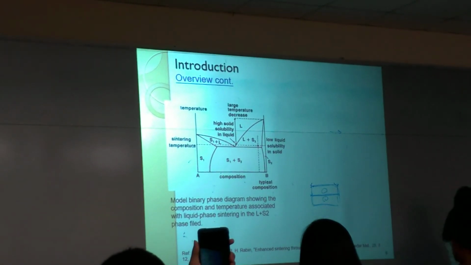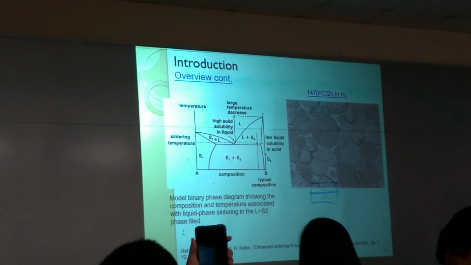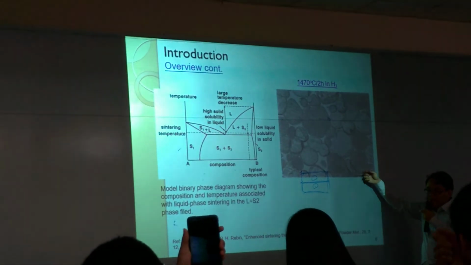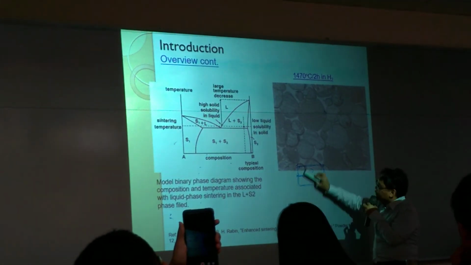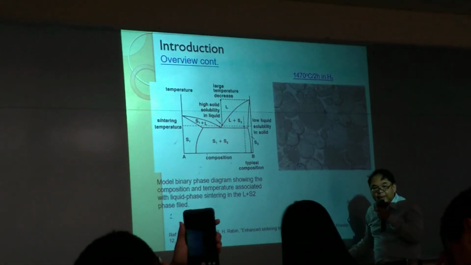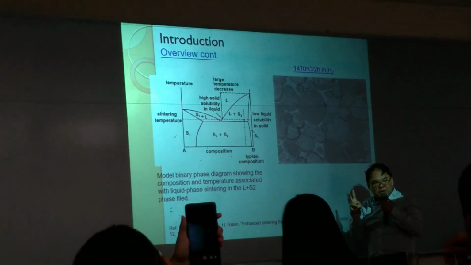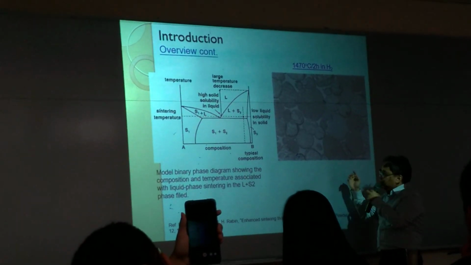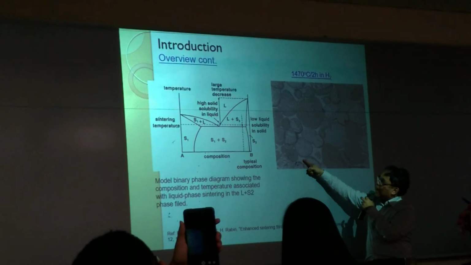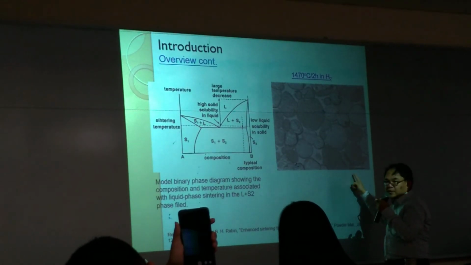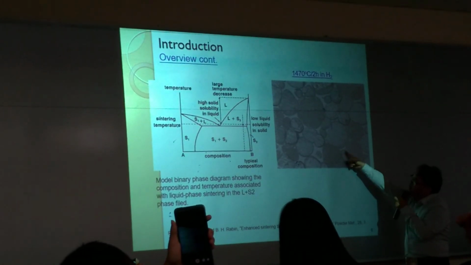The final one here is also very important. Do you remember the typical image for liquid phase sintering? There are two characteristics you need to mention. The first one is the very flat liquid.